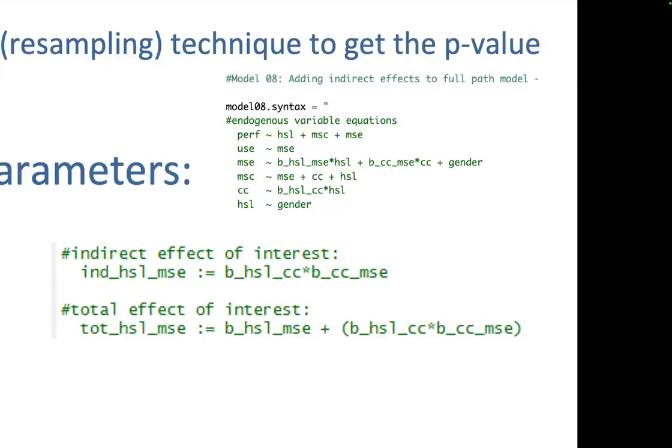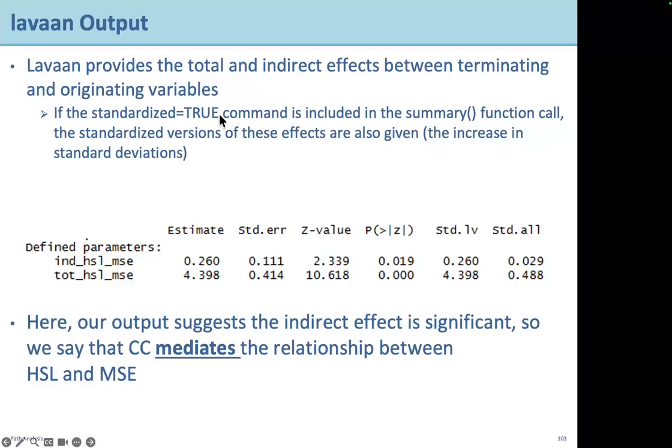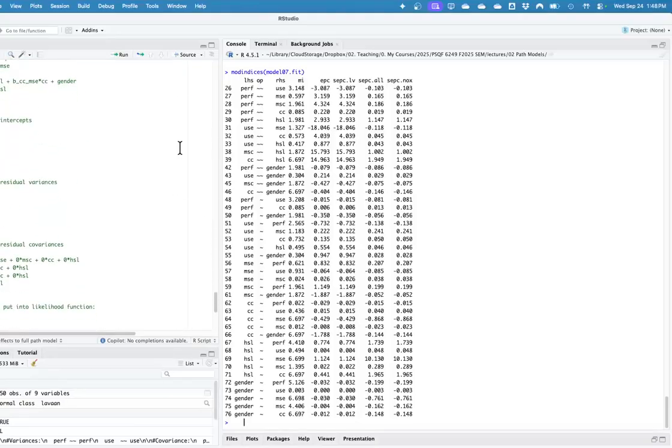Okay. So when we do that, here's what we get. In lavaan, right here, we get defined parameters in the output, and this will tell us the values and their p-values. So let's go down, grab that code.